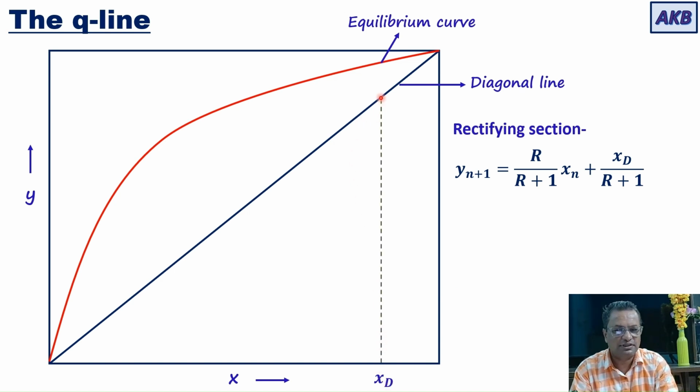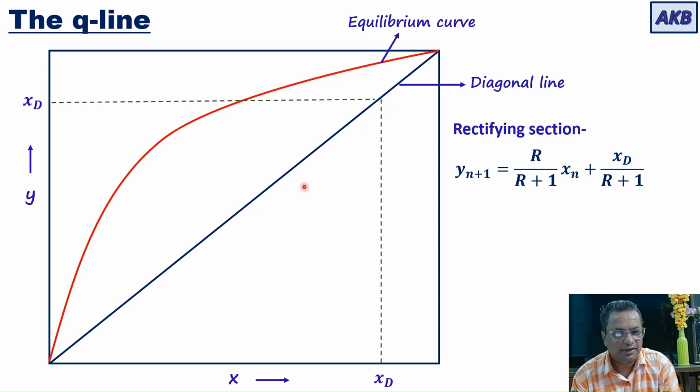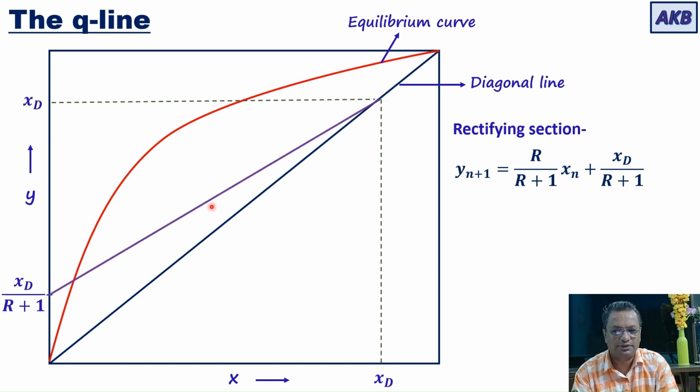The operating line will start at xD, at the point where it intersects the diagonal line, and it has an intercept of xD/(R+1) on the y-axis. The line joining these two points, xD and xD/(R+1), is the operating line for the rectifying section.